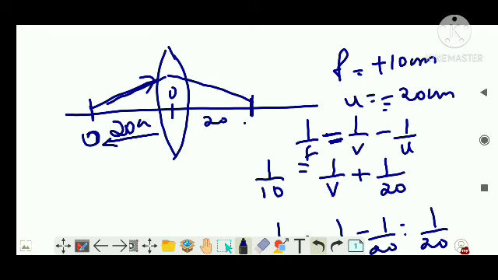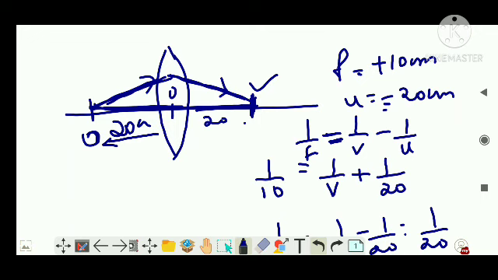One ray passes like this and meets here. The other, which passes through the optic center, meets here. The image is formed here. Simple? So here rays are actually meeting, so the image you get is a real image. For all the cases you cannot draw, so there is a small pointer for you.